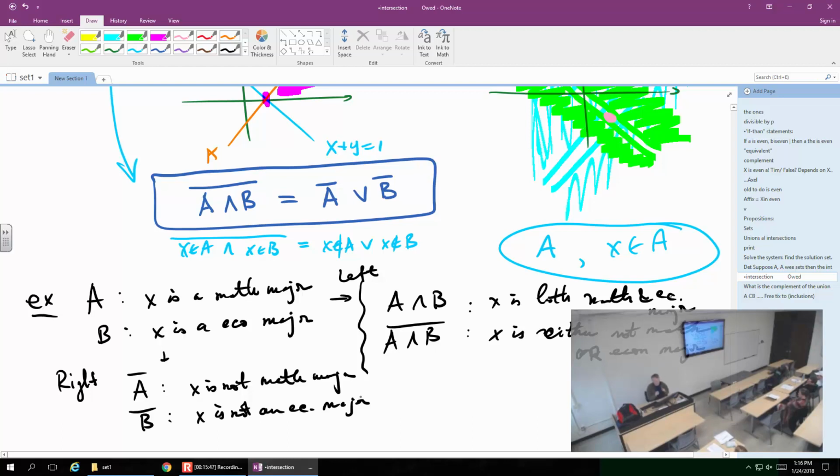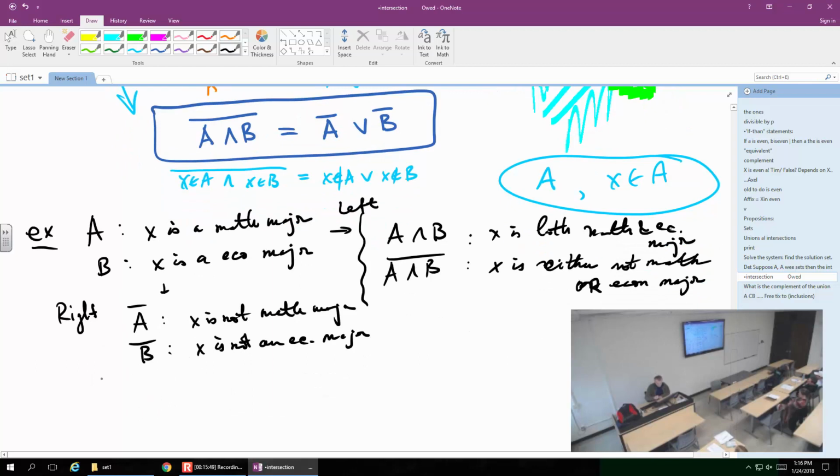Then they're combined together on the right, so it's either one or the other: x is not a math major or not an economics major.